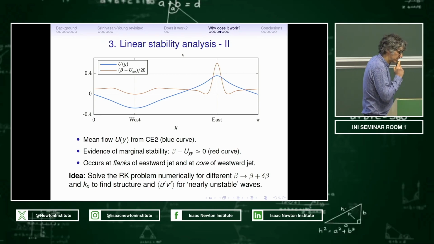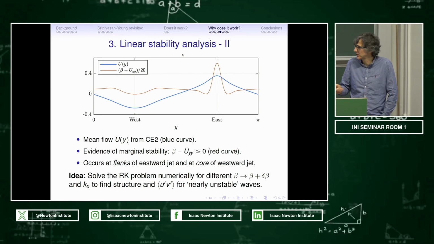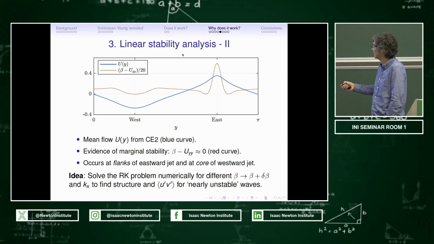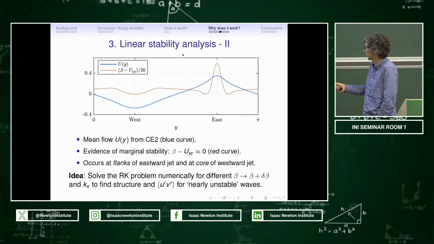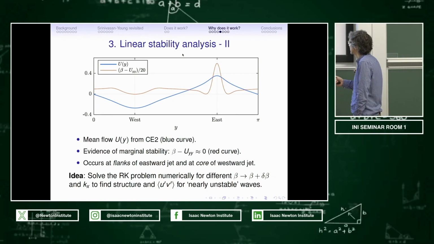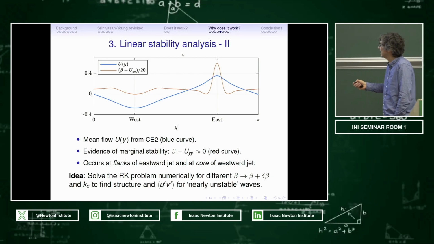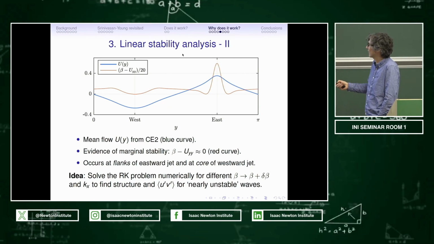To investigate a bit more, William wrote an eigenvalue solver to solve the Rayleigh-Kuo problem numerically. To get a little more insight into what's really happening, we introduced flexibility by adding an artificial parameter, delta beta, which perturbs the value of beta in the problem.